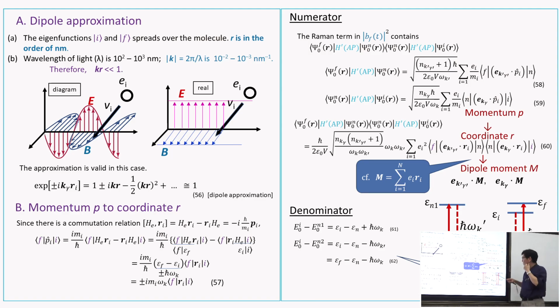Then E f is a scalar quantity, so it comes outside of the integral, and r remains. So these two terms are summed up into this term, and E f minus E i is picked up. You know that E f minus E i is the energy difference between the initial and final state.